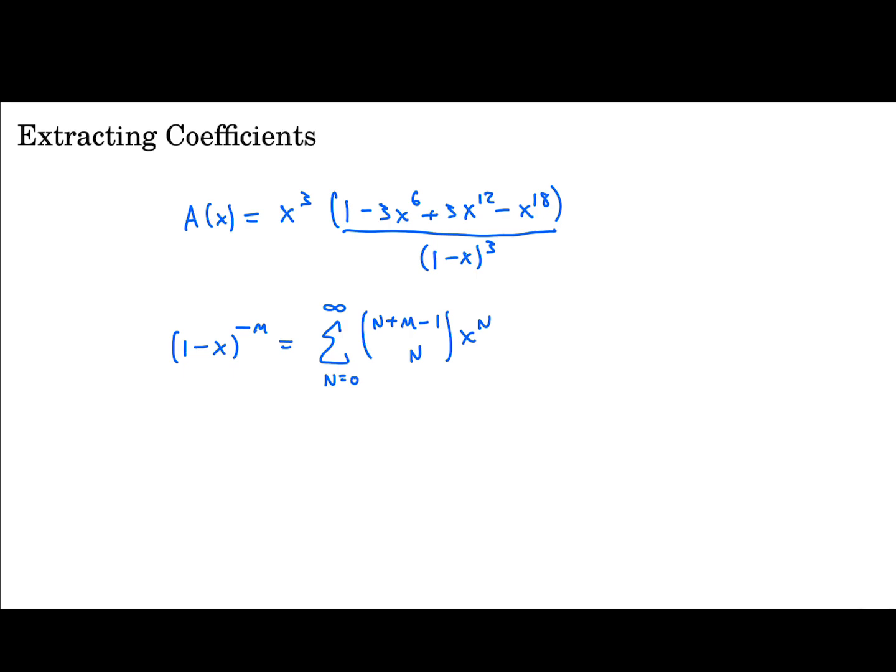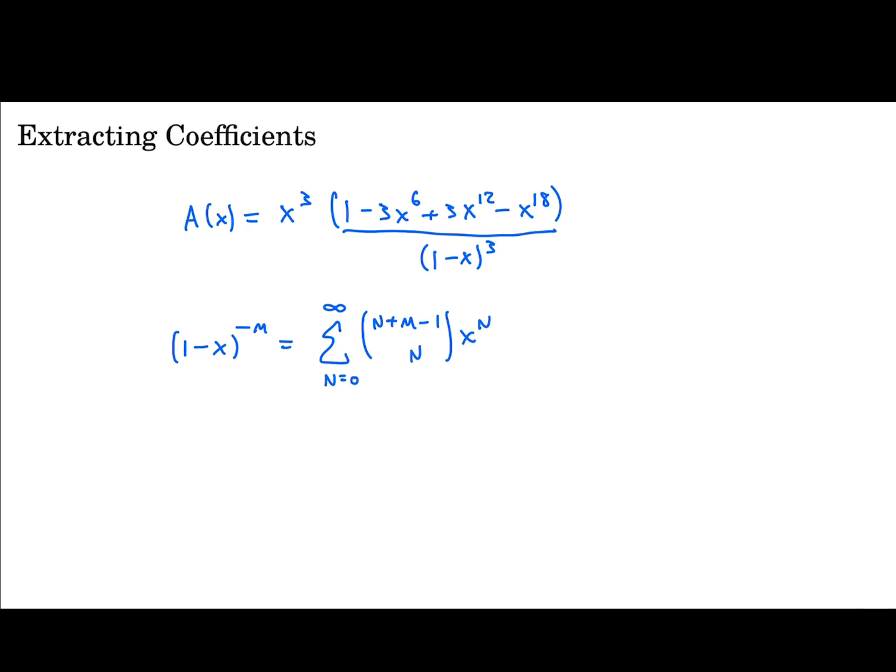This followed from the video on the generalized binomial theorem, where we showed that if you replace by a negative exponent, you end up with this expression. So if we now make m equal to 3, I can just replace it here.